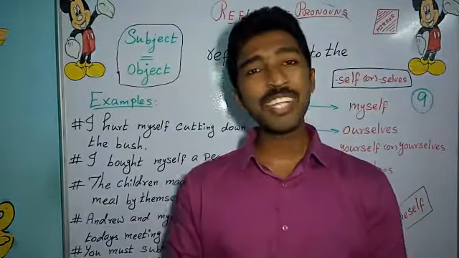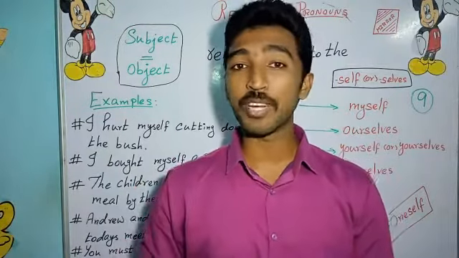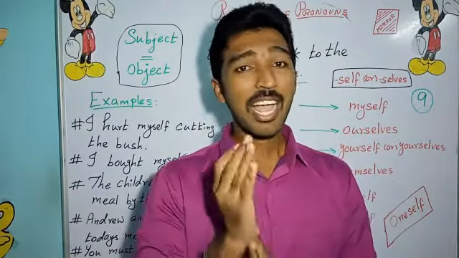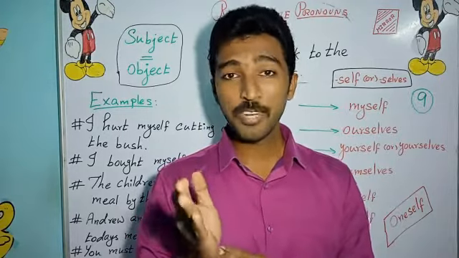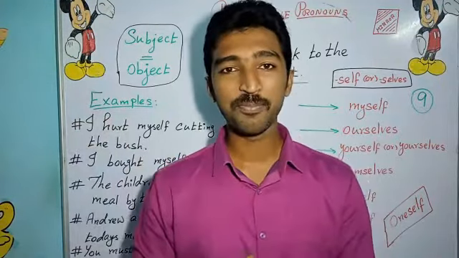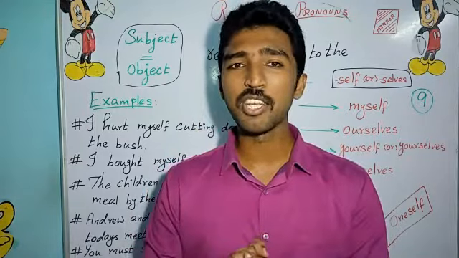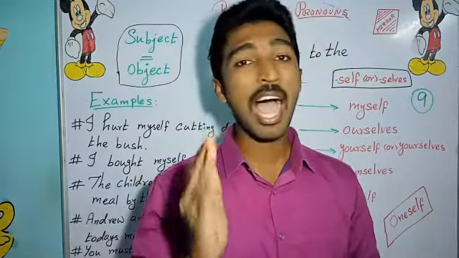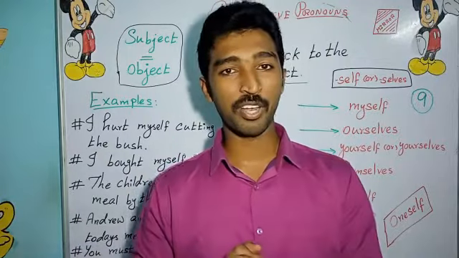And in English we have 9 reflexive pronouns. I told you that a reflexive pronoun refers back to the subject. It reflects the subject. So every single personal subject pronoun has its own reflexive pronoun.